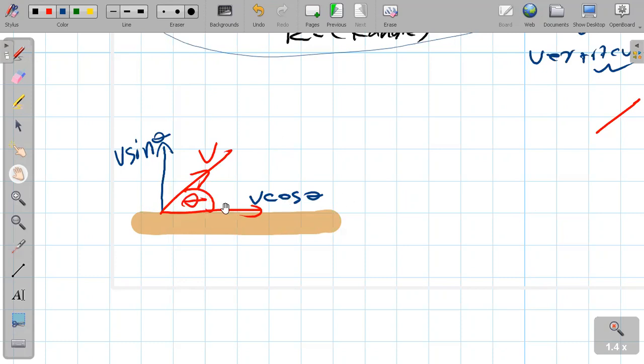At the beginning, it has a v cos theta for the horizontal, and for the vertical, it has what? This is vertical, and this is horizontal. You know this knowledge. If you don't have this one, just ask me. I will privately help you.